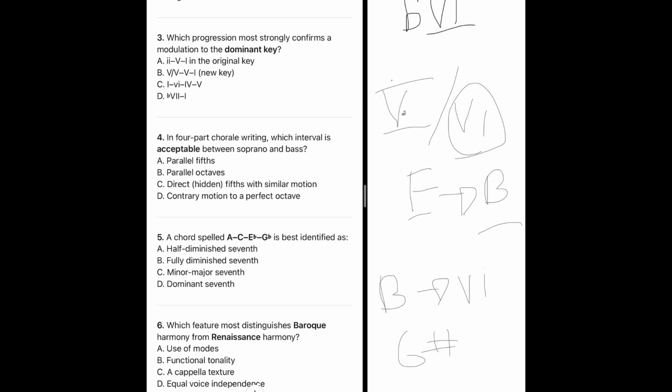In four-part chorale writing, which interval is acceptable between soprano and bass? Okay, four-part writing. Parallel fifths is a no, because we got chewed out for that one. Direct parallel octaves, we got chewed out on that one too, so that's nope.